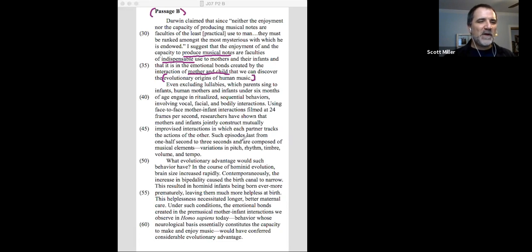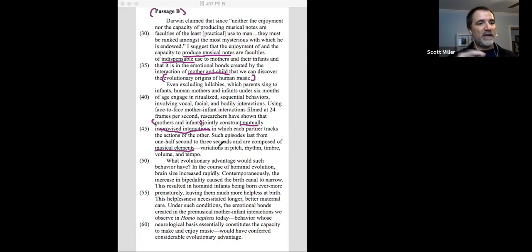It's a detail, but is it the most important detail? Is 24 frames per second what this paragraph is about? Really, no. They're talking about mothers and infants and these mutually improvised interactions that contain musical elements.